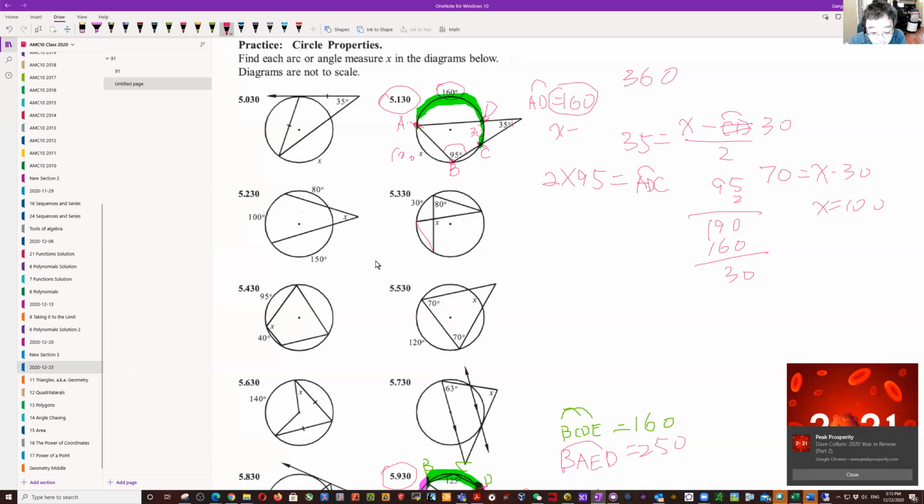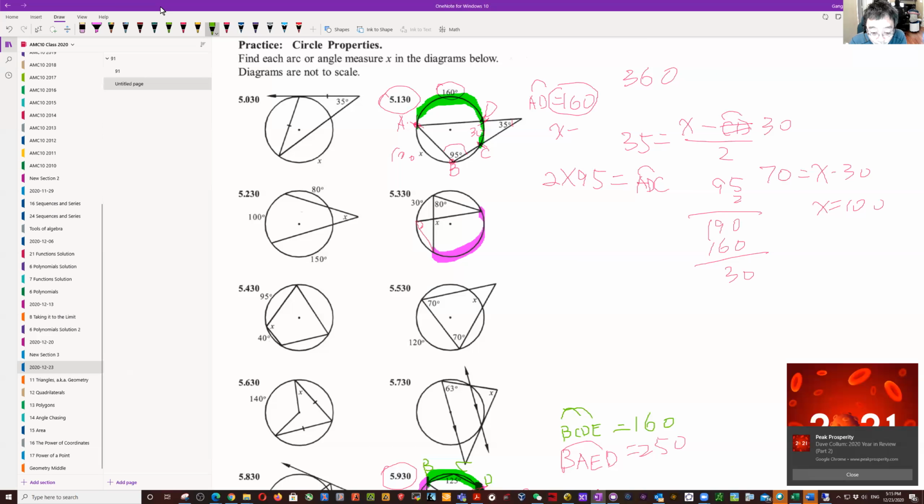I know that this is also 80, because this is an 80-degree arc, 80-degree inscribed angle, and it's facing this arc. And the exact same angle here is also facing the exact same arc. So basically it's going to be the same.